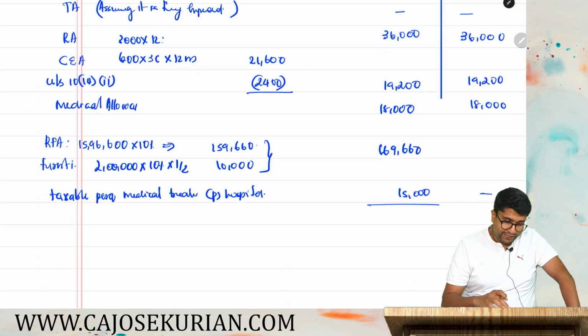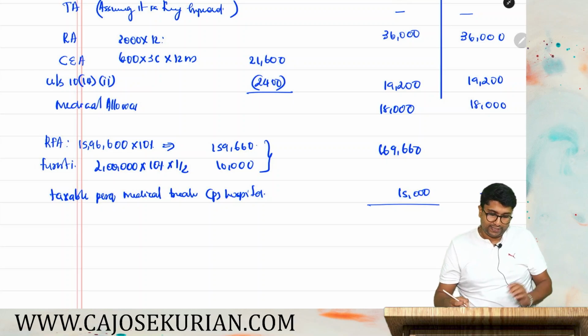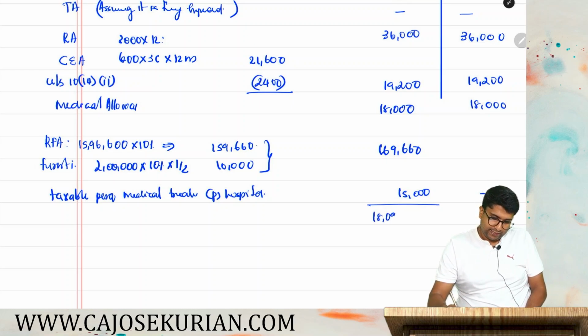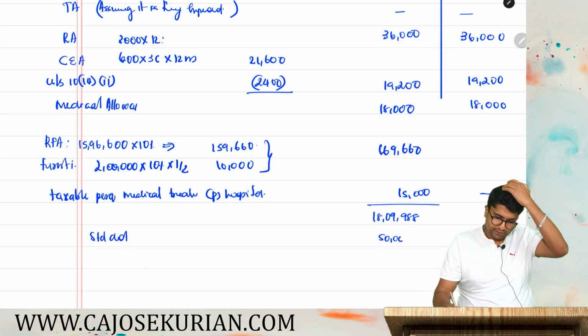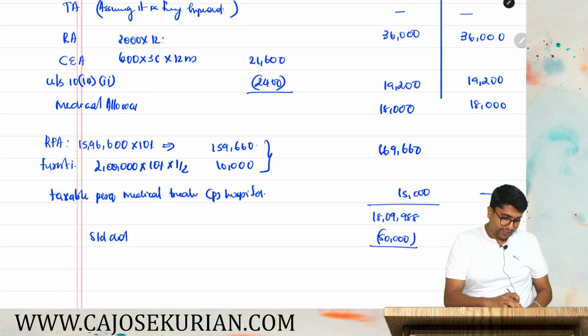That will be 18,09,988. From that you can deduct standard deduction 50,000. So the remaining amount shall be how much?